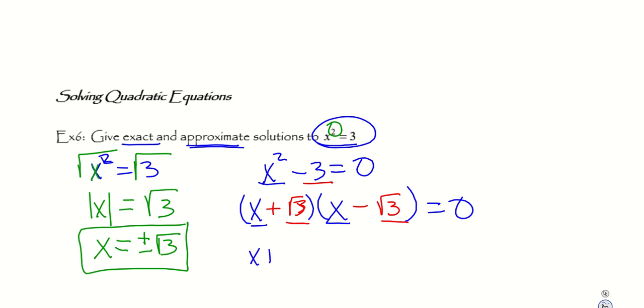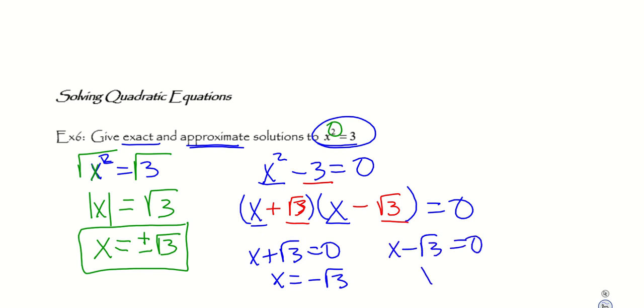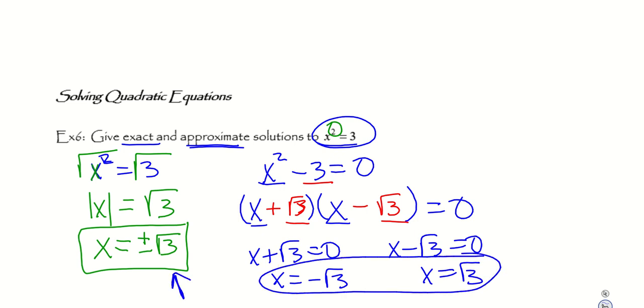If I set x plus the square root of 3 equals 0 and solve for x, I get x equals negative root 3. If I set x minus the square root of 3 equal to 0, then I get x equals the square root of 3. So I get two answers for x, and they are the same answers I got the other way, a little quicker.